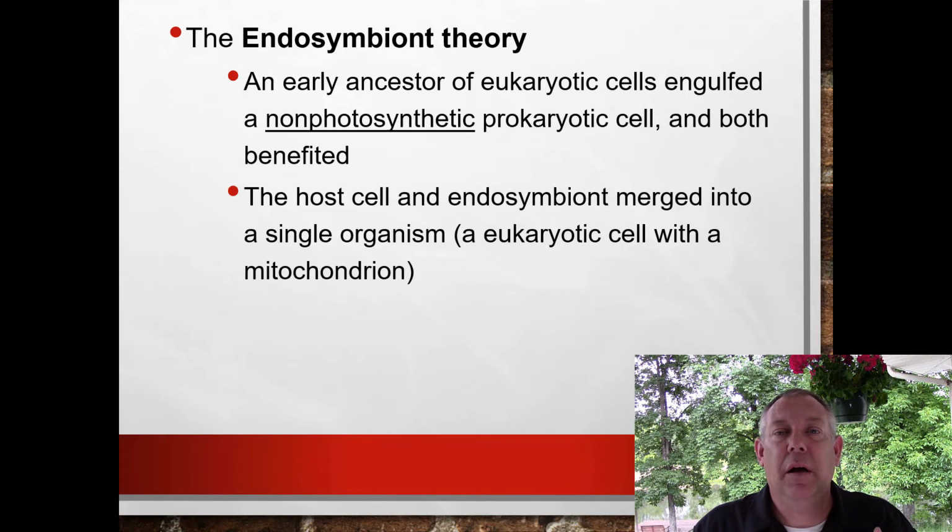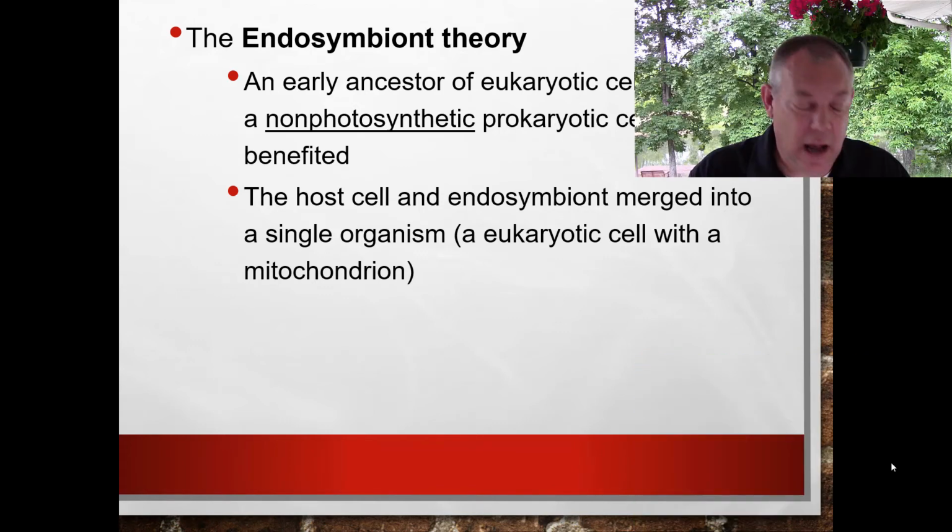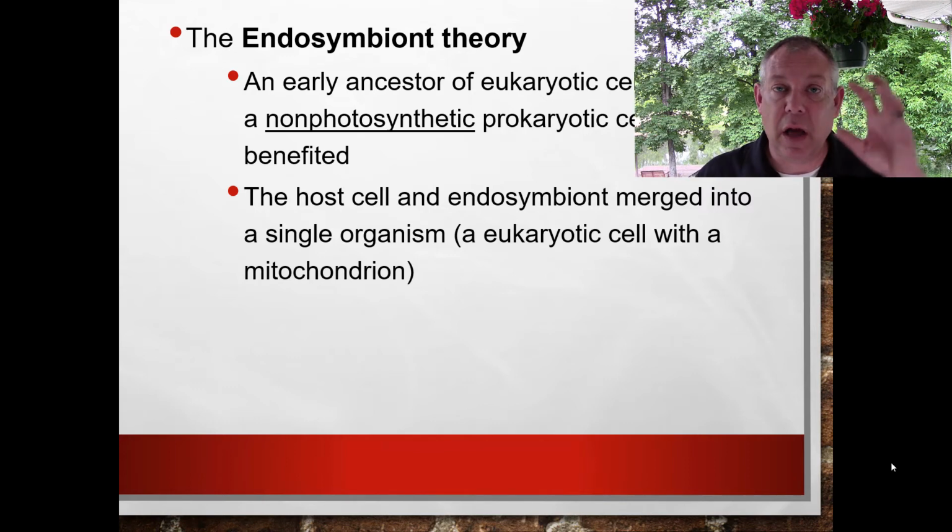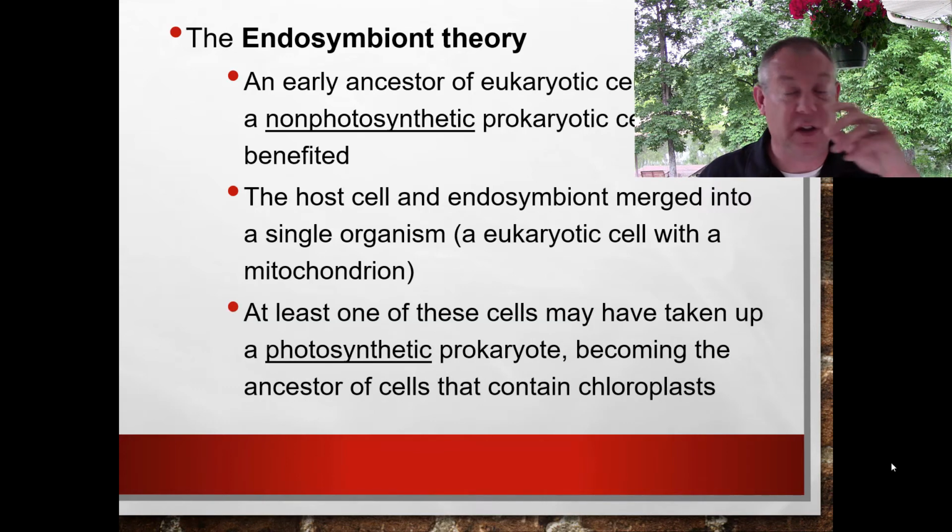And so over time, that cell that got engulfed could no longer exist on its own, and it just became an organelle. This is how eukaryotic cells evolved: they've got this new cellular form with mitochondria. Then another lineage of these cells engulfed a different prokaryote that was photosynthetic and gave those cells the ability to photosynthesize, and the same thing happened.